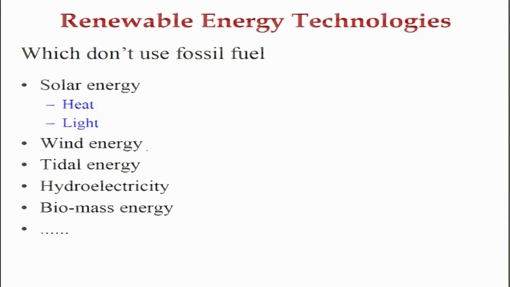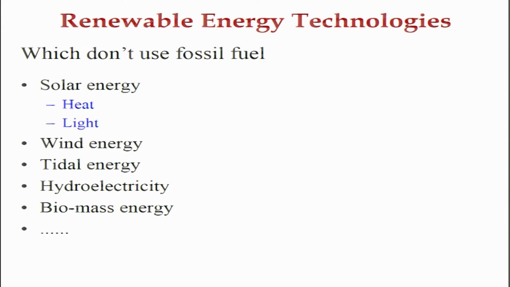And then the other forms as well: wind energy, tidal energy. Wind energy is wherever you have a decent wind velocity, especially around the coastal areas of the country or various other countries in Europe which have high wind velocity. They can convert this wind energy into useful electrical energy using wind turbines. One can also think of converting tidal energy, offshore or shore energy, the energy which is available in the tides of the sea, into electricity.